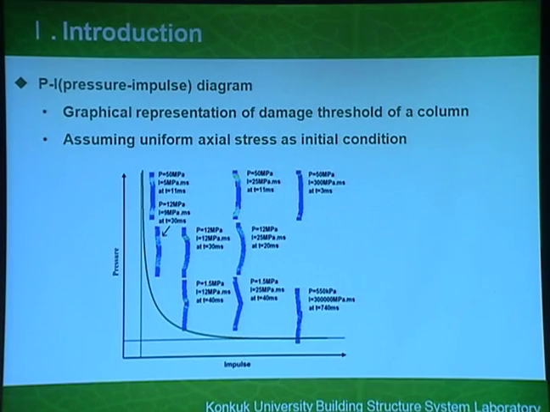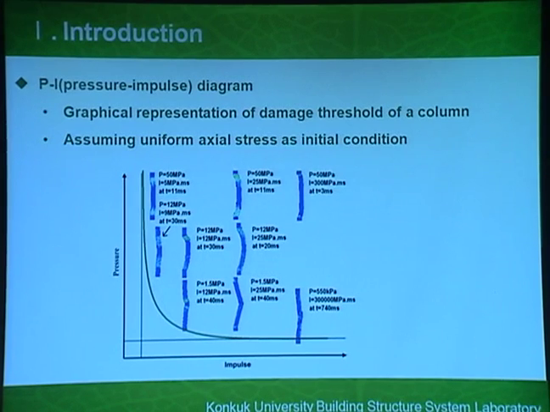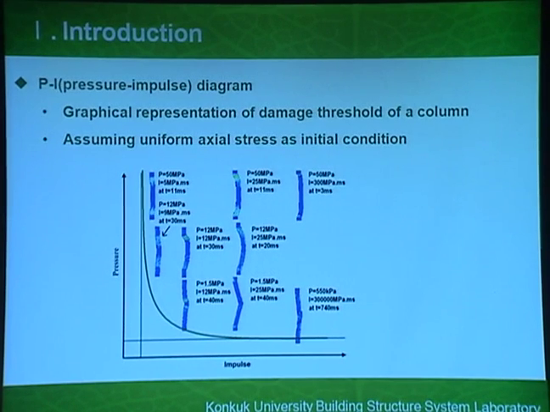In the PI diagram, P means pressure and I means impulse. By looking at the impulse and the pressure, we can determine whether the column fails or not. But this method has some disadvantages. That is, it just assumes a very simple initial condition. It just assumes 20% of initial stress is given before blast.